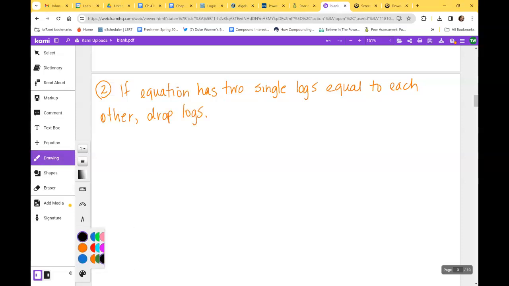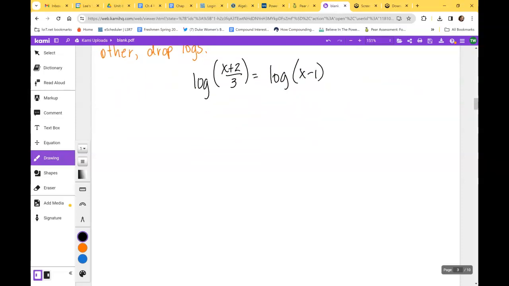So if I have the log of (x plus 2) over 3 equal to the log of x minus 1, I can drop the logs, and now I've got x plus 2 over 3 equals x minus 1.